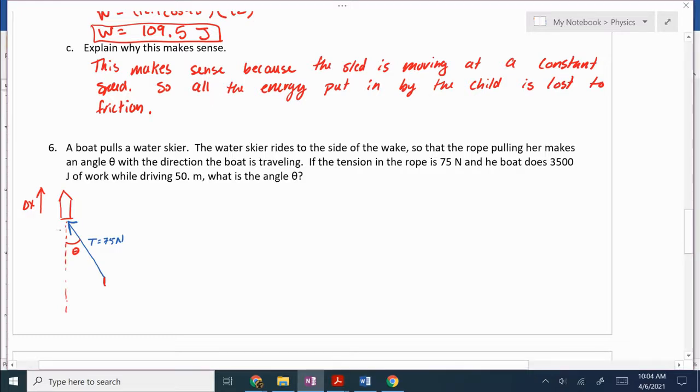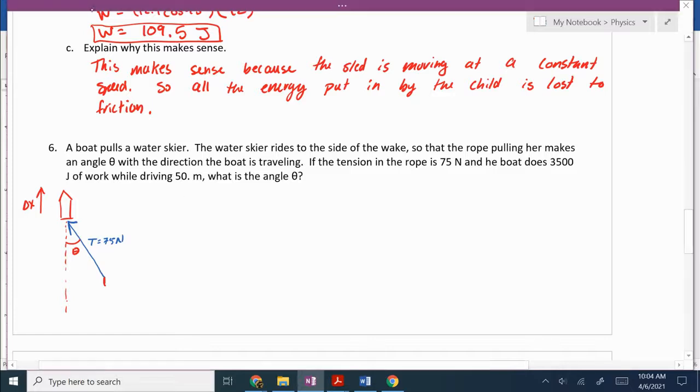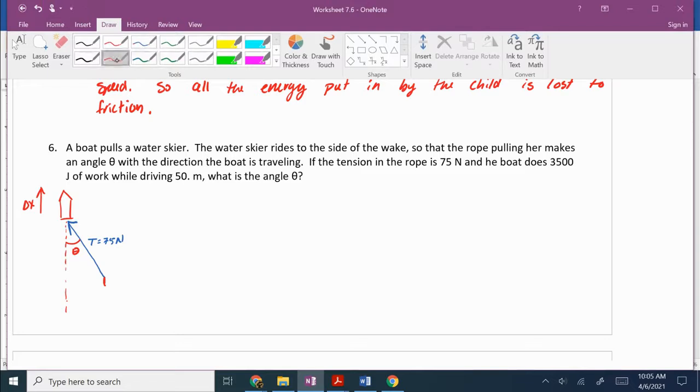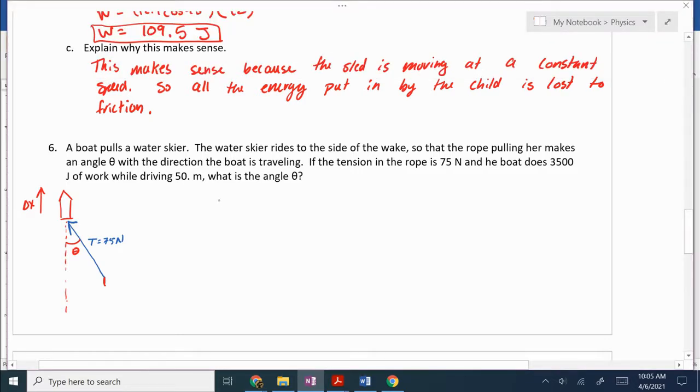So how do we figure this out? We can get back to our work is equal to force times distance. Again, the force is the part that is parallel to the direction of motion. We are told that the amount of work done by the boat is 3,500 joules.